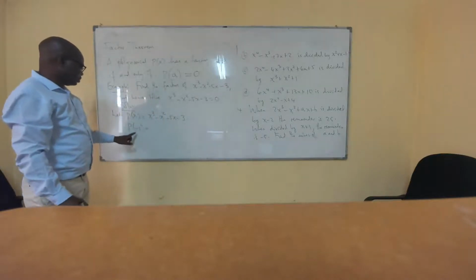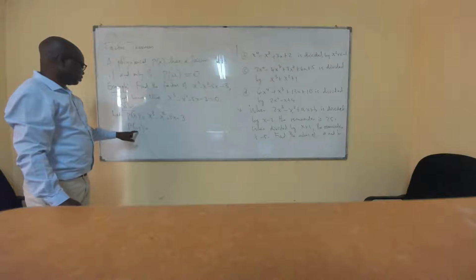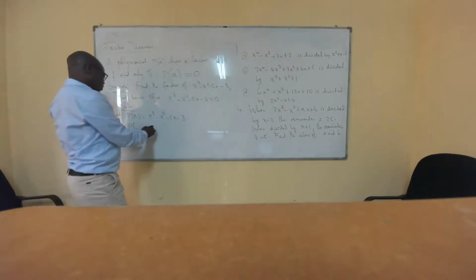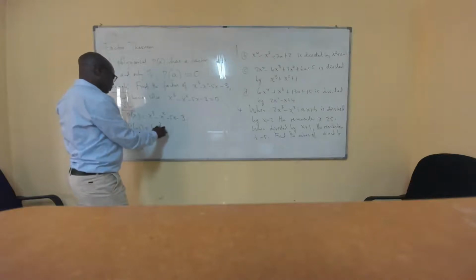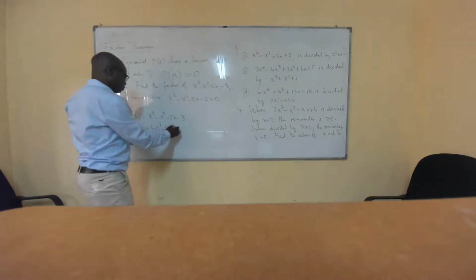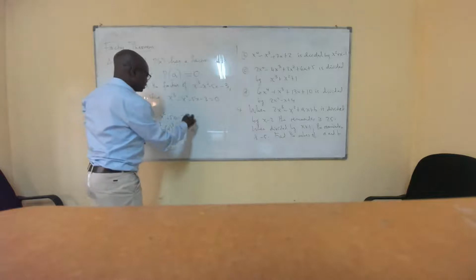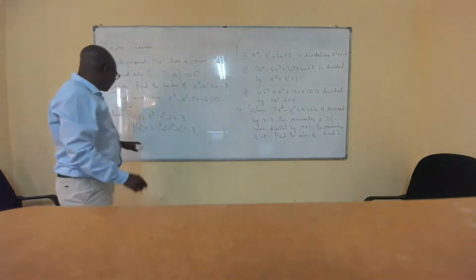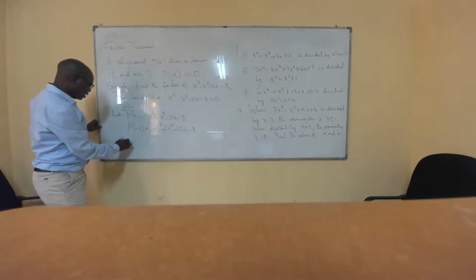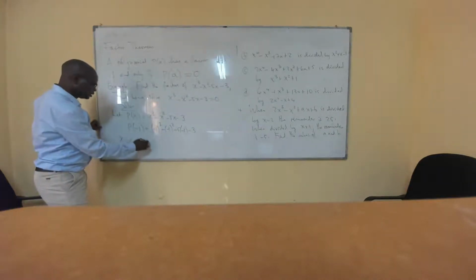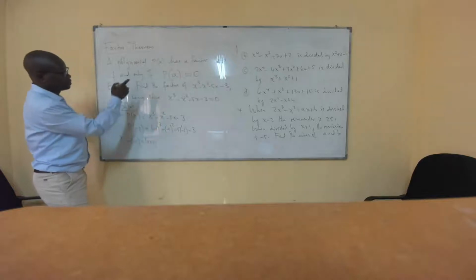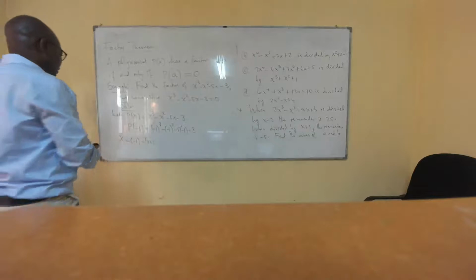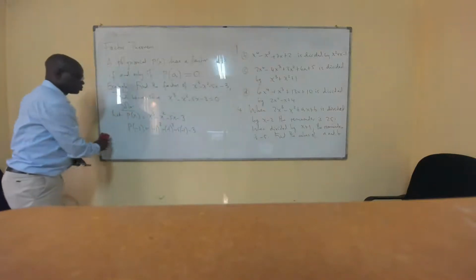Let's see what we get when we evaluate the given polynomial at minus 1. It's going to give us minus 1 to the power 3, minus 1 to the power 2, minus 5 times minus 1, minus 3. So if we find 0, then we can conclude that x minus (minus 1), which is x plus 1, is a factor of the given polynomial. That's what it is saying.